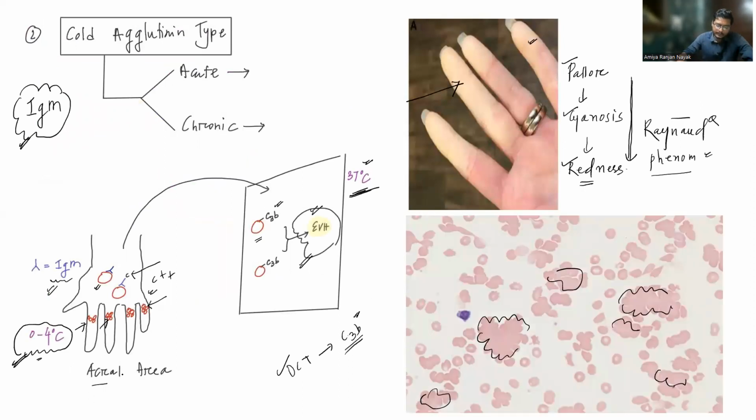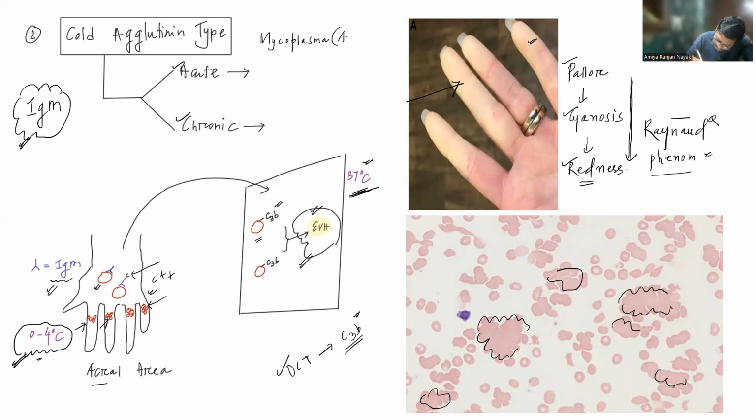Now, this cold agglutinin type can be acute or it can be chronic. Acute is usually seen in some of the viral infections, and rarely with bacterial infections also. So, if I just write those infections, important ones are Mycoplasma pneumonia infection.